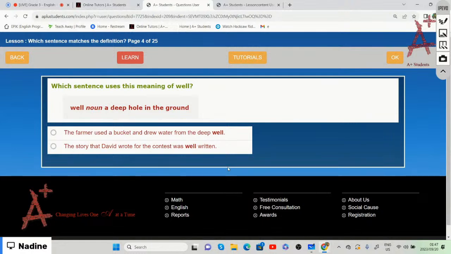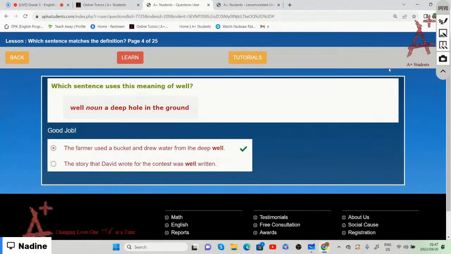So we will choose option one. All right, so deep hole in the ground. So the farmer used a bucket and drew water from this deep hole.